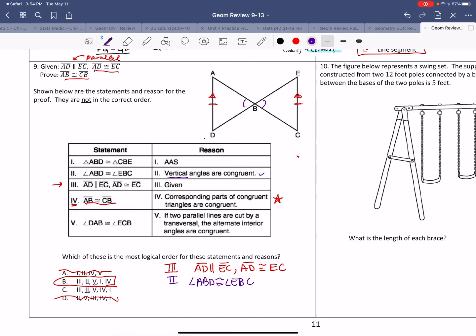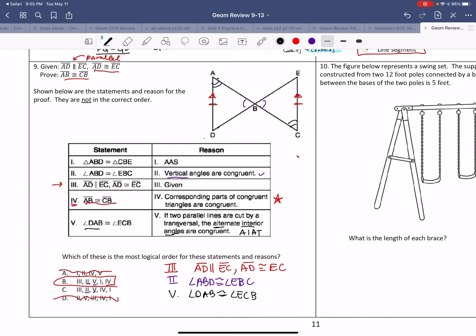Then the next one, both choices give us 5. So 5 states angle DAB is congruent to angle ECB. That's this Z. You see that Z? So that is cut by alternate interior. Yep, that spells AIAT, alternate interior angles theorem.